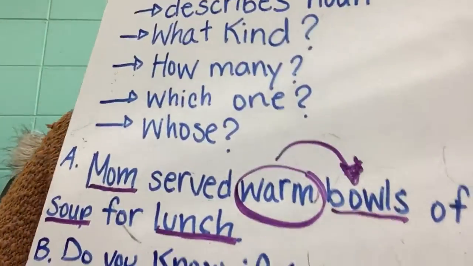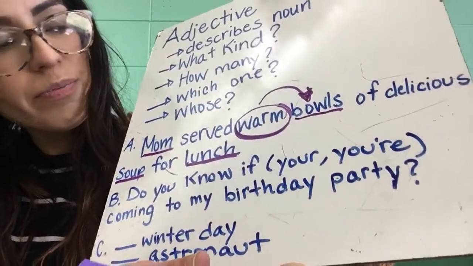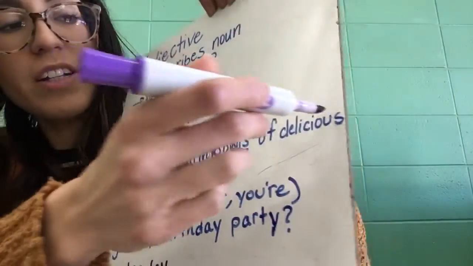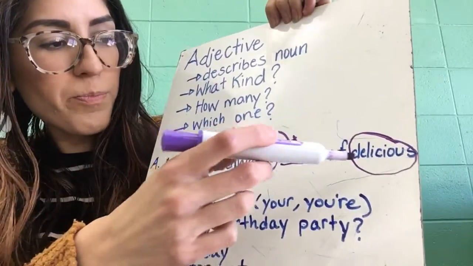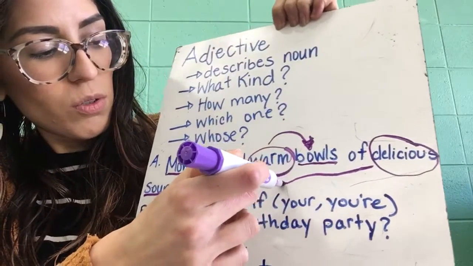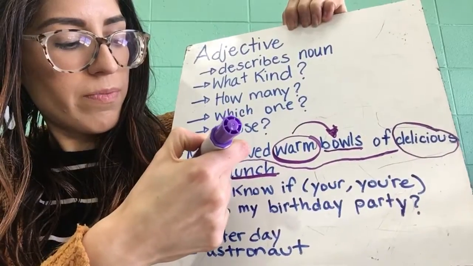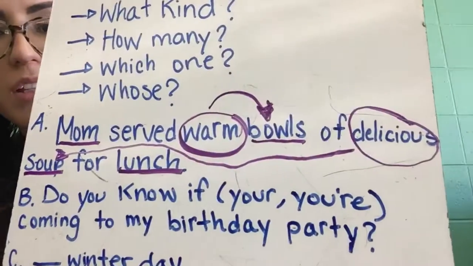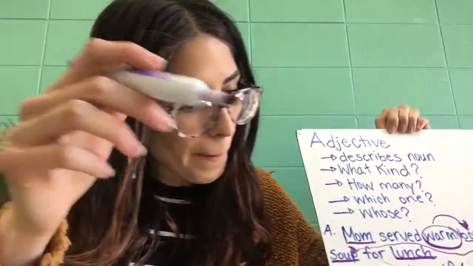And then what about soup? Does soup have an adjective? Yes, it does. Delicious. Good. And we're going to draw the arrow. I know on your paper it's one sentence, but I'm going to do this. There we go. Kind of hard, but hey, at least you can still see it, right? Okay. And then anything else? No, I think that's it. And that's all you do for section A, okay?